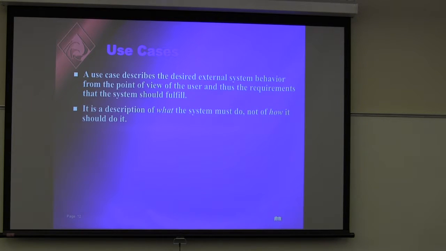So the use case describes the desired external system behavior from the point of view of the actor, the user, and thus the requirements that the system must fulfill. The use case is a description of what the system must do, not how it's going to do it. So we're not getting into designing software so much as we're designing the system so that we can then begin to design the software.